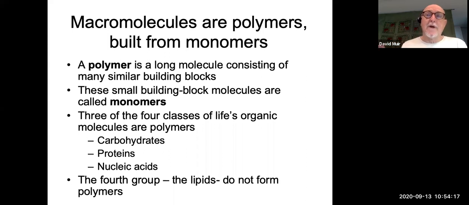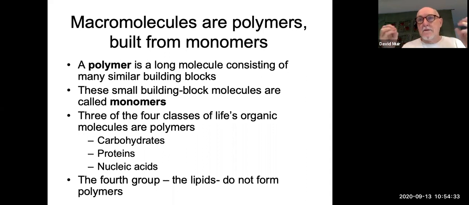The fourth group of macromolecules are the lipids, and they don't form polymers, as you'll see in a while. They can be very big, but there are no lipid monomers to add together to make a lipid polymer.